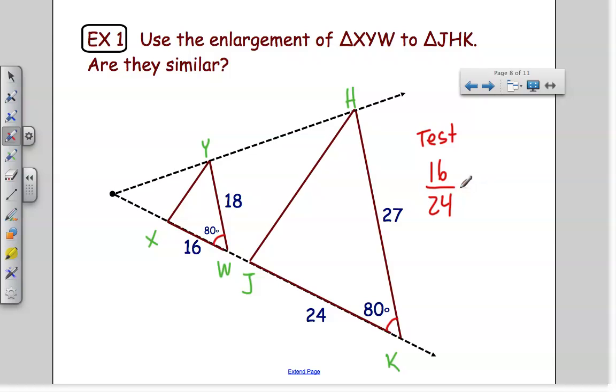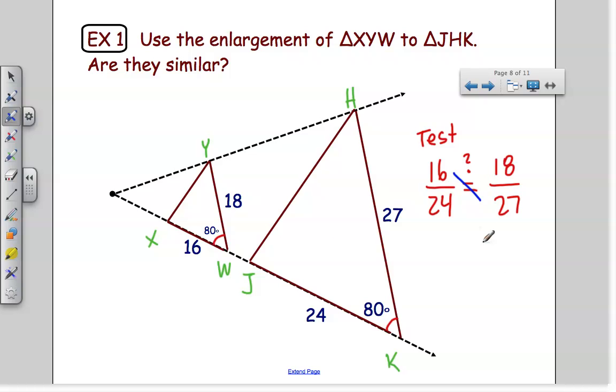I can reduce both of these ratios, but I want to bring up another way to test whether these are the same. I could write 16 over 24 equals 18 over 27, and then put a question mark because I don't know this yet. One of the easiest ways to test whether a proportion is true is to cross multiply and see if you get the same thing.